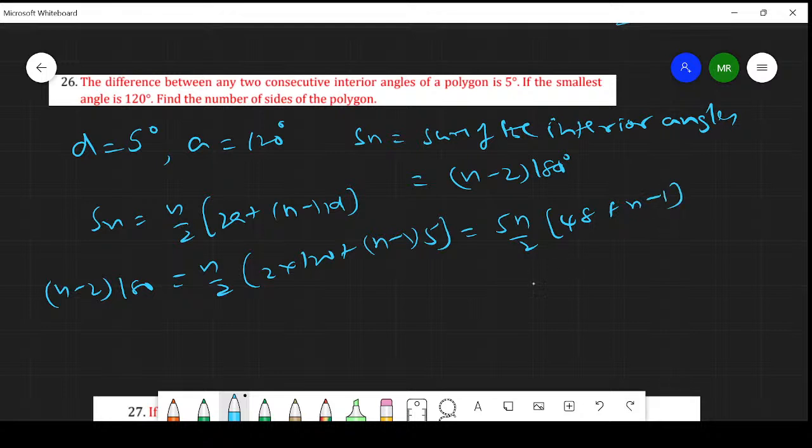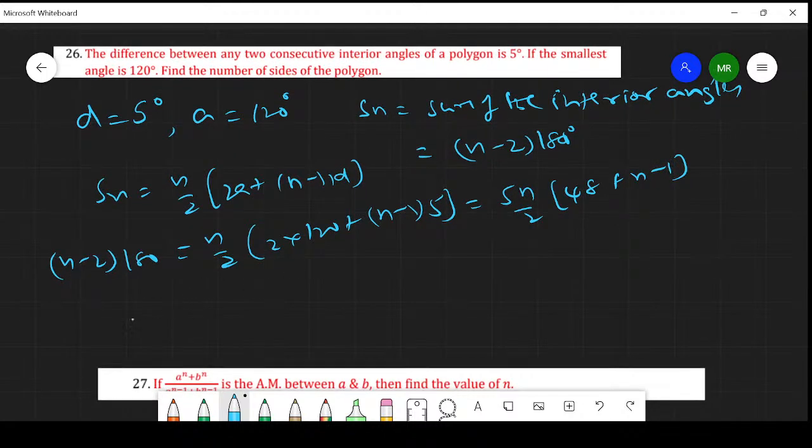I am doing it the simple way. On the left side it is (n minus 2) into 180. I am going to simplify this: 2 by 5 into (n minus 2) into 180 equals n into (48 minus 1), which is 47, plus n.